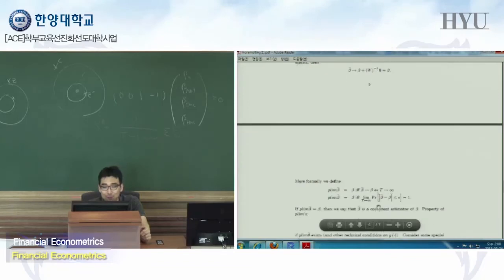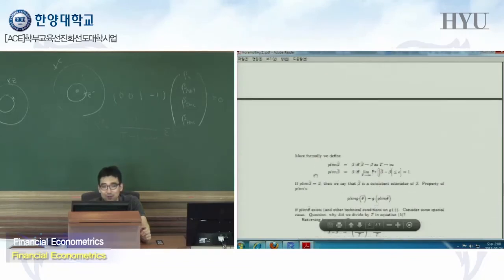More formally, this is a law of large numbers thing, but anyway, P-lim is the probability limit. The probability limit of beta hat is beta; probability limit means that beta hat equals beta with probability 1. There is a possibility that beta hat is different from beta, but that possibility becomes 0 if we have a large number of samples.